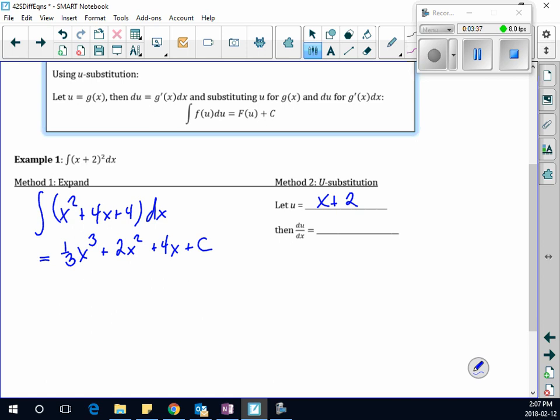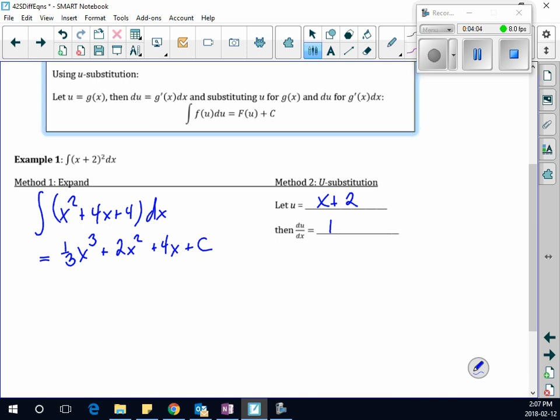And what we have to do is, remember how the chain rule works? You leave the inside left alone and then you multiply it by the derivative of the inside afterwards. So what's the derivative of this? It would be 1. No, derivative. Okay, so now we're going to replace everything with just u's.